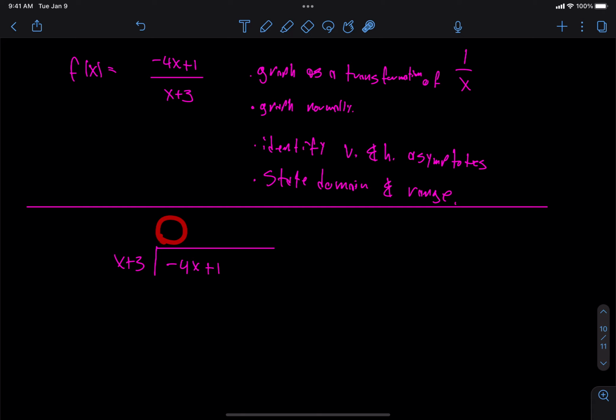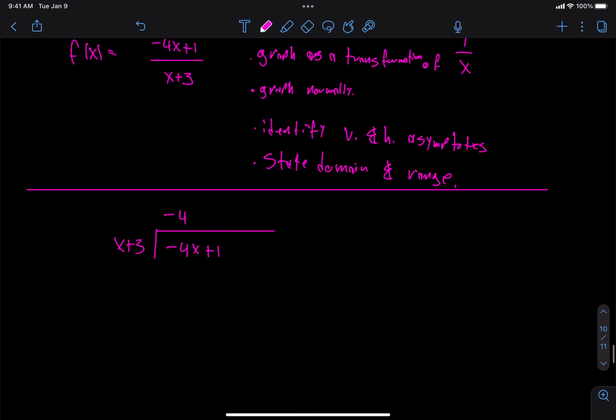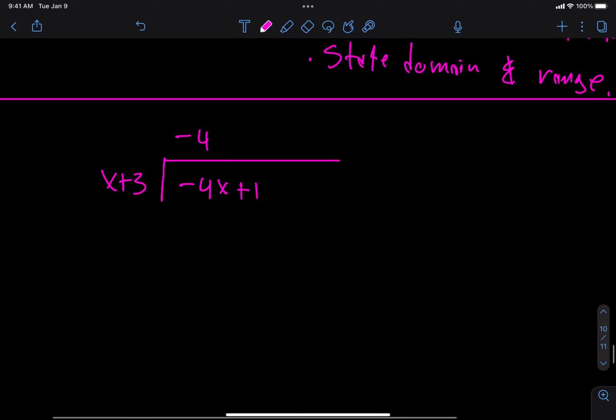That's what we get when we divide negative 4x by x, the first term here. So then I multiply down, and I get, what? Negative 4x minus 12, right? If I subtract that, these cancel, and I'm left with 1 plus 12, which is 13.